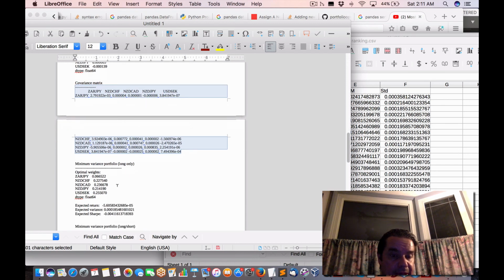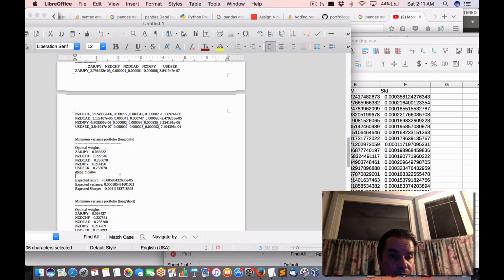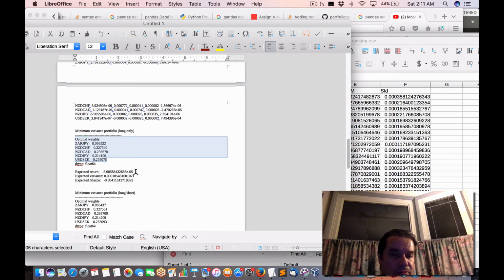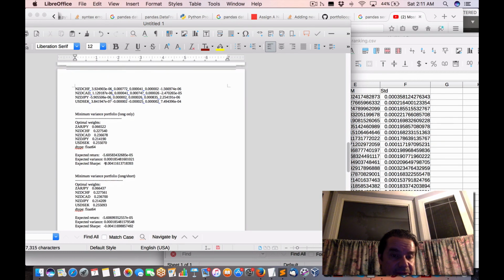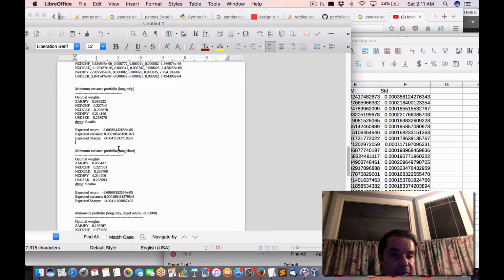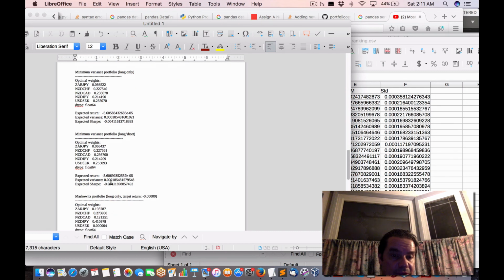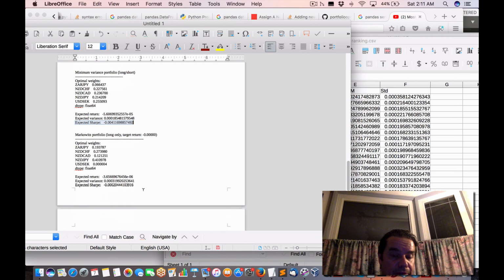And then again, we have here a mix of the long, where these are the optimal weights to get maximum return. But when you look at the Sharpe ratio that is expected, it's negative. Minimum variance portfolio, long, short, doesn't matter. It's still giving us a potential negative Sharpe.